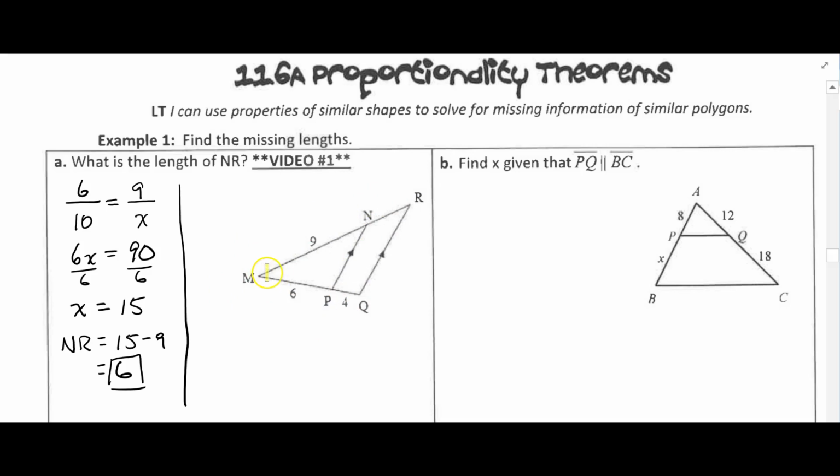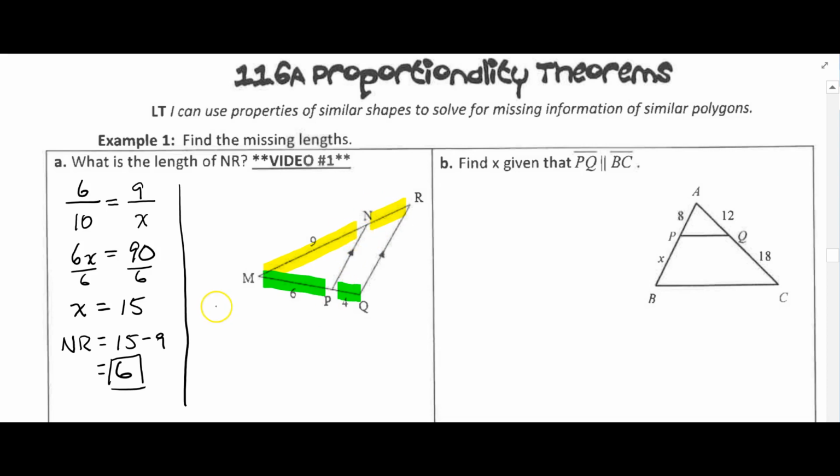So MR has been divided into MN and NR, and MQ has been divided into MP and PQ. So as long as these two sides are parallel and they're dividing these sides, I can set up a proportion based on that. So lots of different ways we could do it.